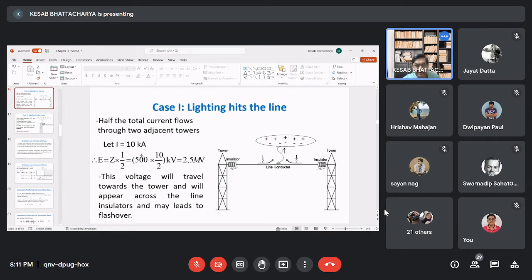We assume that I is equal to 10 kiloamperes. Then E, the EMF that will be induced, or the voltage drop due to the flow of current through the line conductors, will be equal to the surge impedance of the line, let it be 500 ohm, times 10 by 2, that is 2.5 megavolts. This voltage will travel toward the tower and will appear across the line insulators and may lead to flashover.